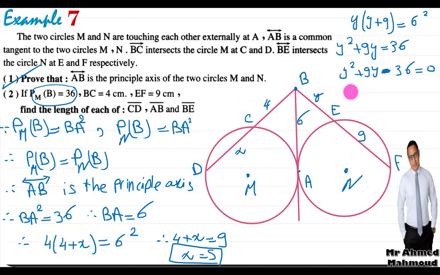Now y equals 3 or y equals negative 12. This one is refused, so y equals 3. So BE equals 3, and this is question 7. The next one.